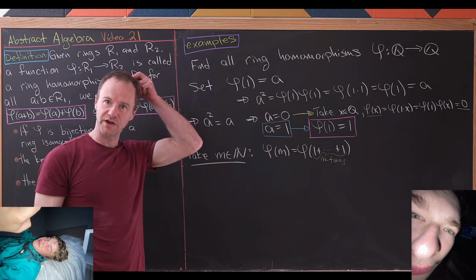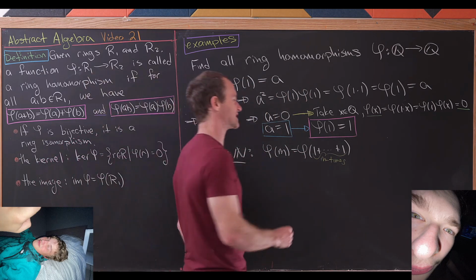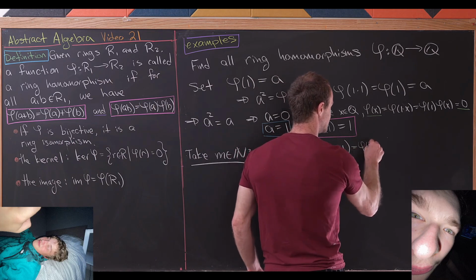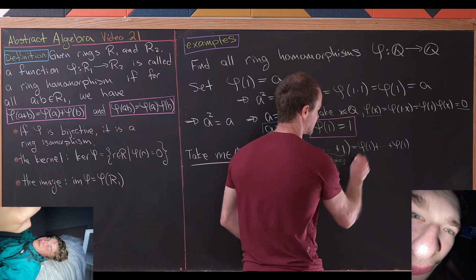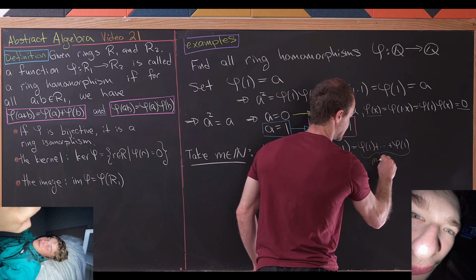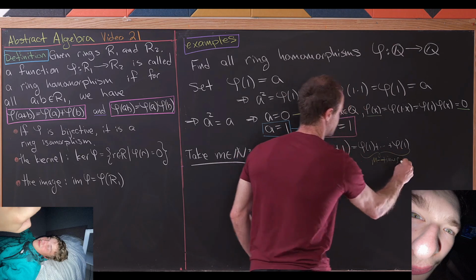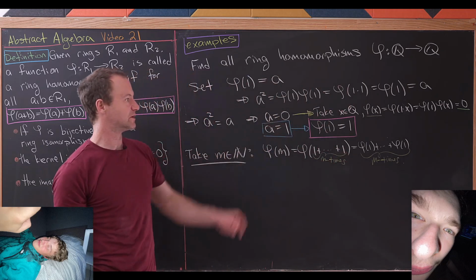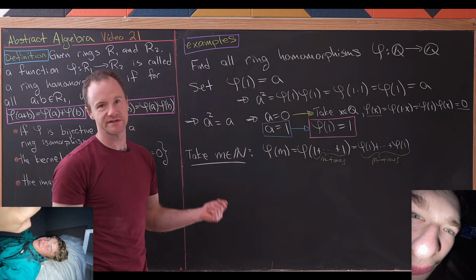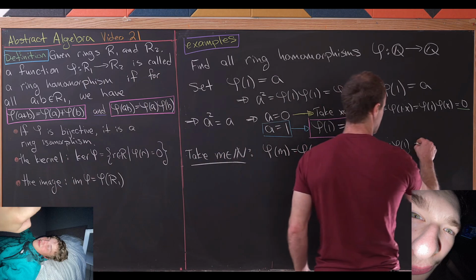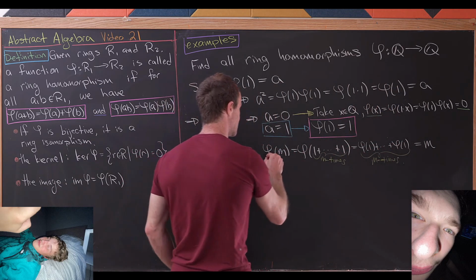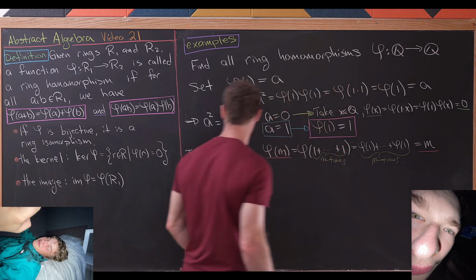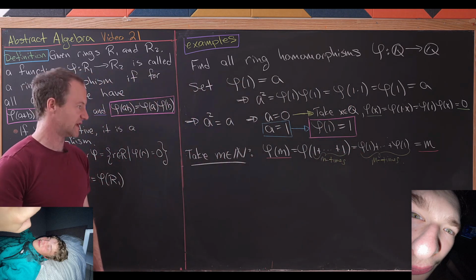Okay, but then we know we've got a ring homomorphism, so we can split that up into phi of 1 added to itself m times. So there we have that is m times. But phi of 1 is equal to 1. If you add 1 to itself m times, you get m again. So notice we have, in the end, phi of m is equal to m for all natural numbers m.